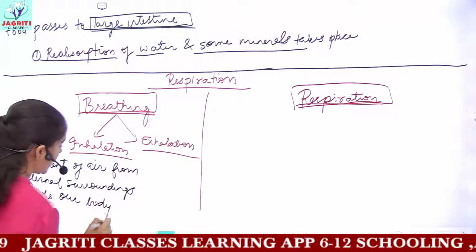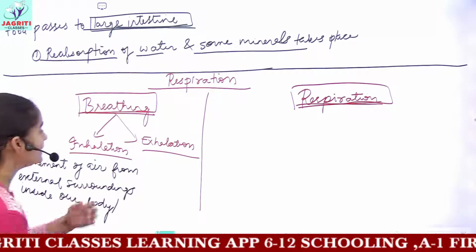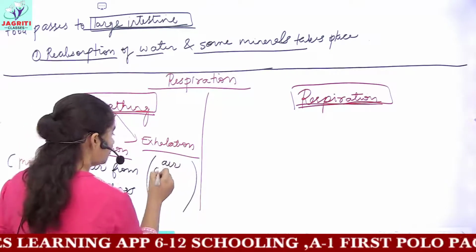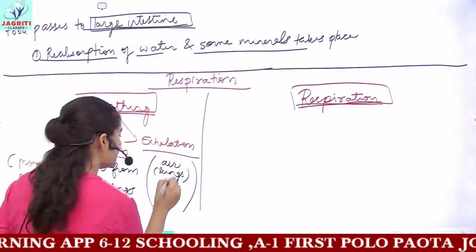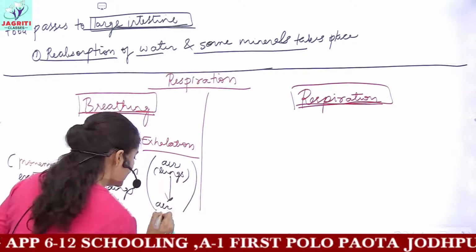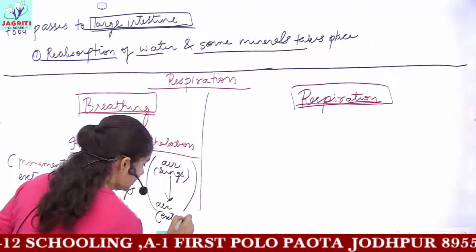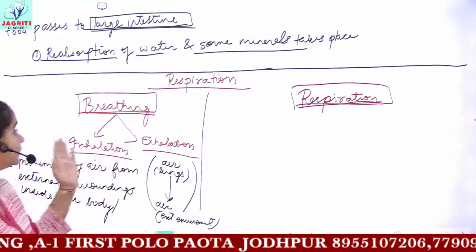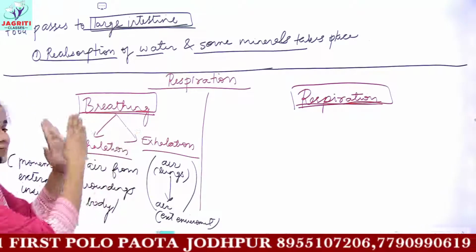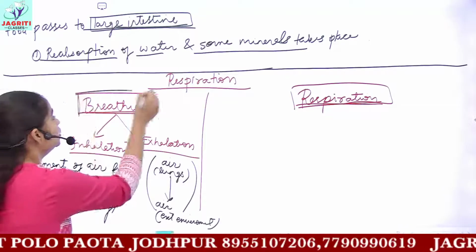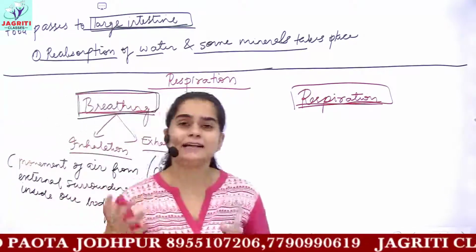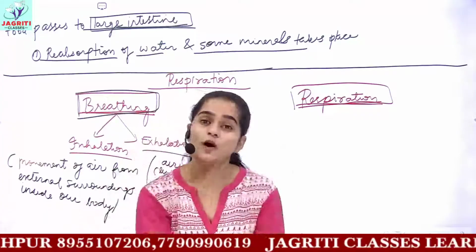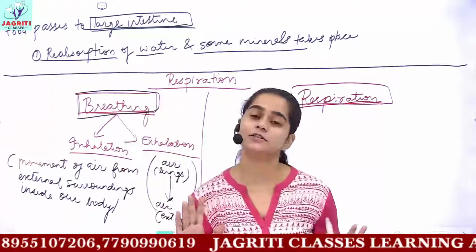So this is the process of inhalation, and the next process, exhalation, means movement of air from the lungs or from the inside to your external environment or external surrounding. So these are the two processes, and these two processes combined are called breathing. That is, it is just the movement of air from outside to inside and inside to outside. This is the process of breathing.